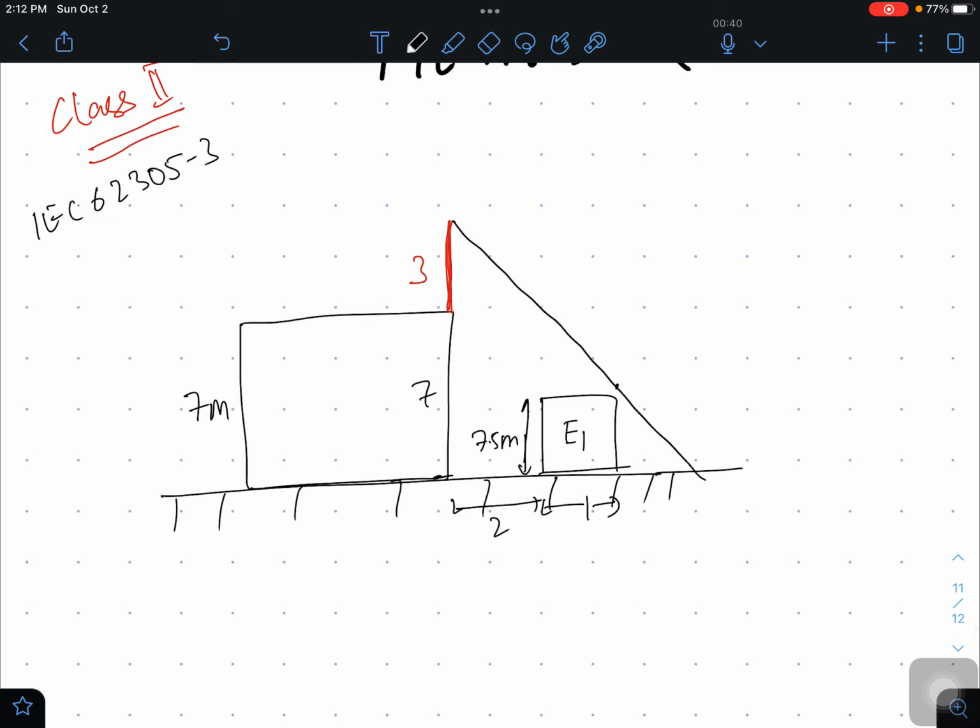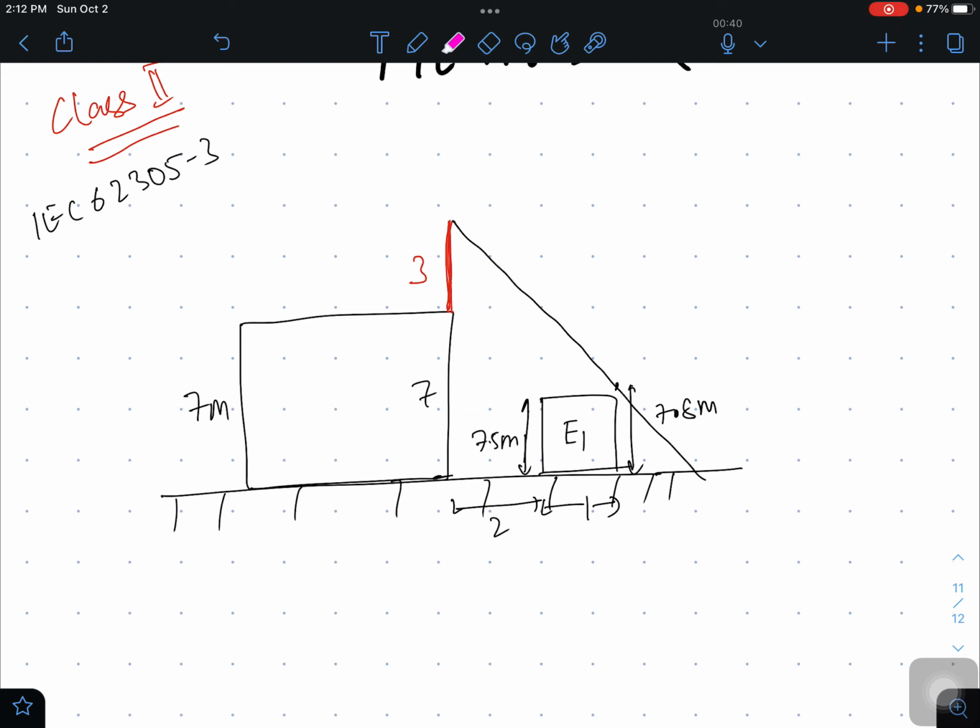At this edge you were getting this 7.8 meters. So that means it is still below. The equipment is only 7.5, but the protection angle is offering 7.8. So that means this is protected because it is lying in this pink region, that is the protection angle method's protection zone.